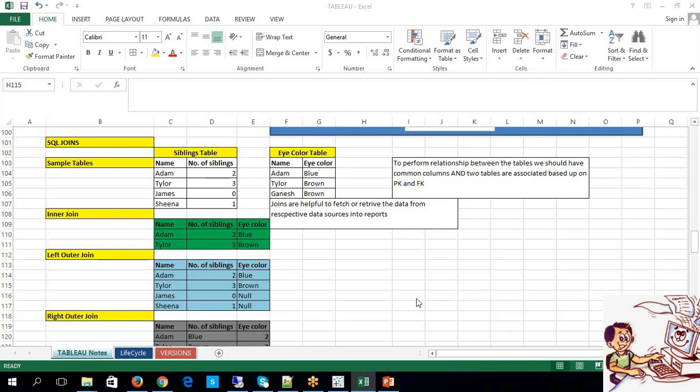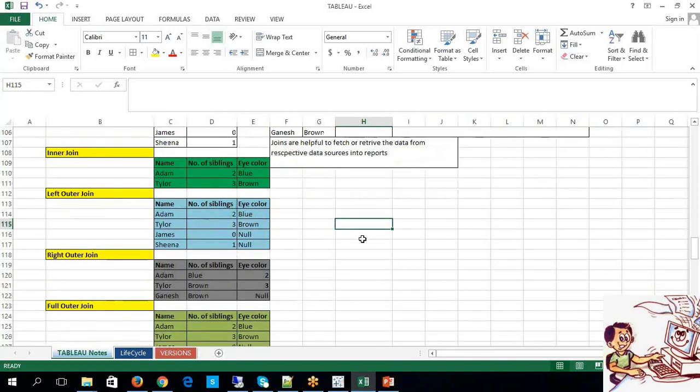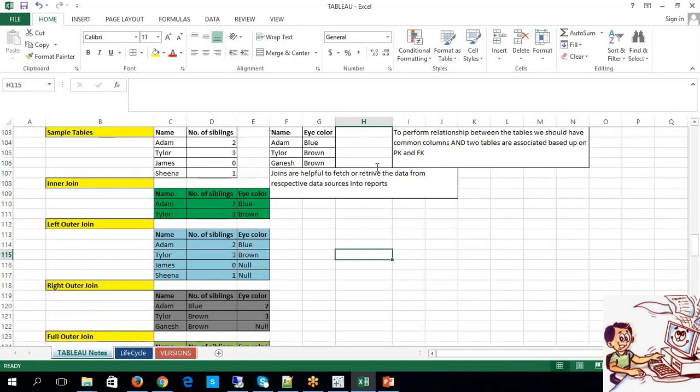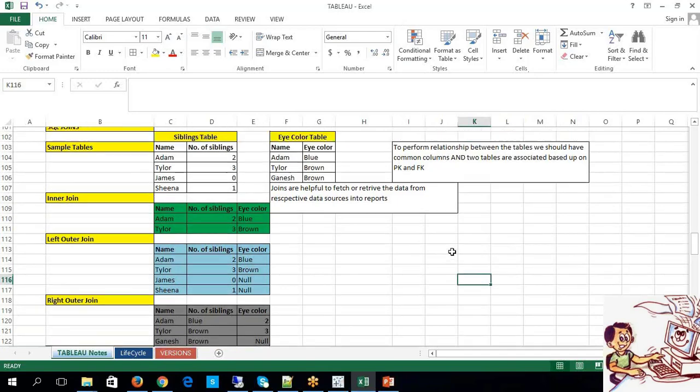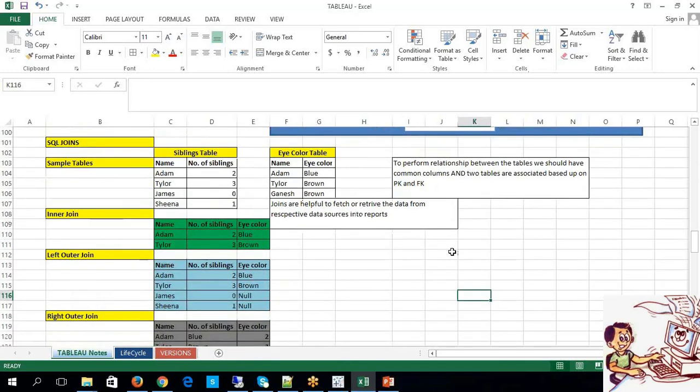Okay. Next one is left outer join. So this left outer join is going to pull the whole data from the left side table, along with the common values of common columns of the opposite side table.